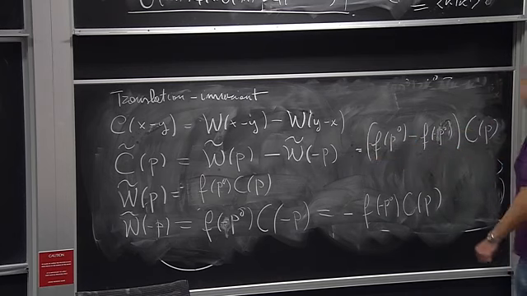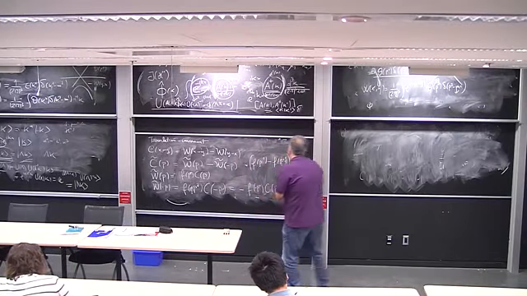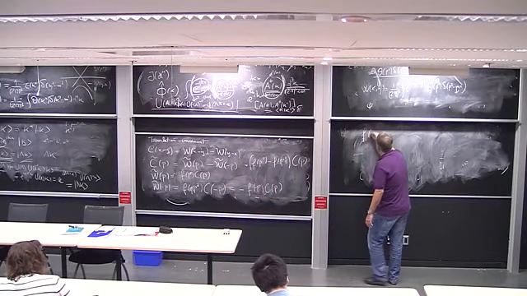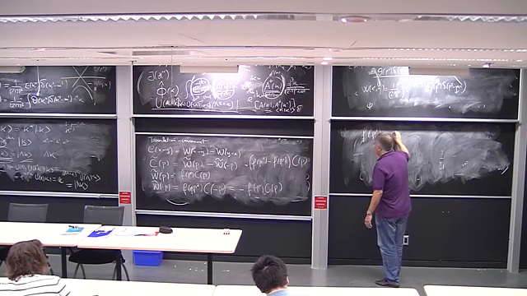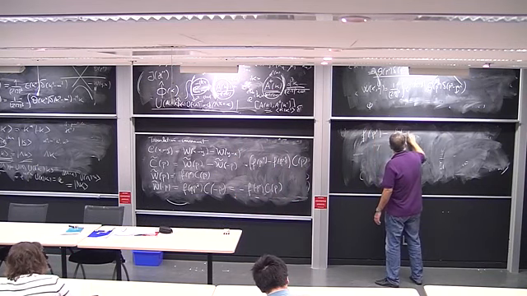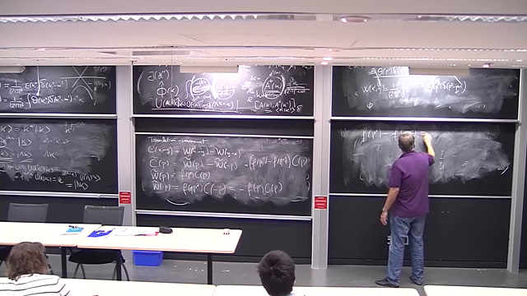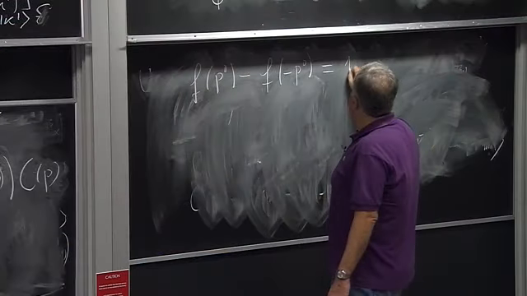This means that F has to satisfy this simple relation: F of p0 minus F of minus p0 equals 1.